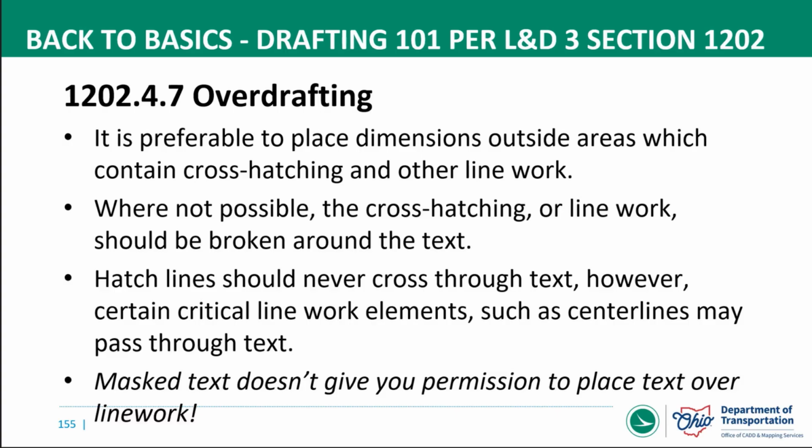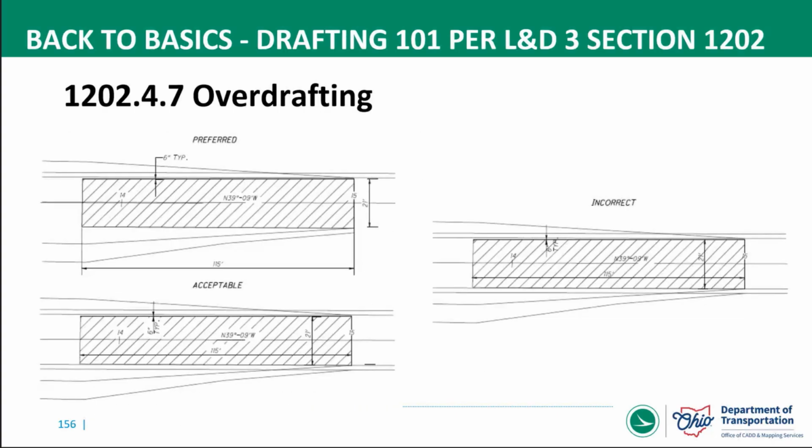But the hatch line should never go through it, though certain critical line work elements such as center lines may pass through text. But this doesn't give you permission to put masked text over any other line work. That's important. Avoid overlapping the text on your pavement or your edge of pavements, edge of shoulders. I've seen drawings where there's so much masked text I can't even see the detail that someone's trying to convey. So these are the examples that are in the L&D.